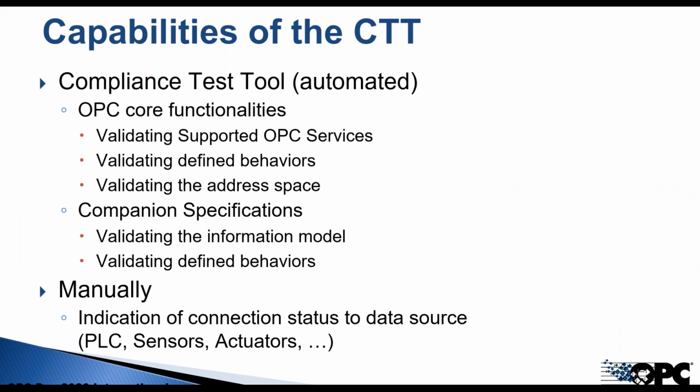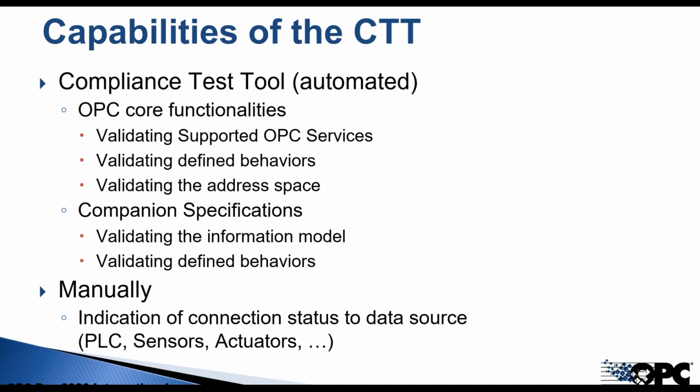Now, one question that we are frequently asked is whether after running and passing the compliance test tool, which automates a lot of the tests, am I fully compliant with the OPC UA specification? And unfortunately, there is a limit to what the compliance test tool can do. What the test tool can do is validate core functionality or functionality that is defined in the OPC specifications, like the OPC services.